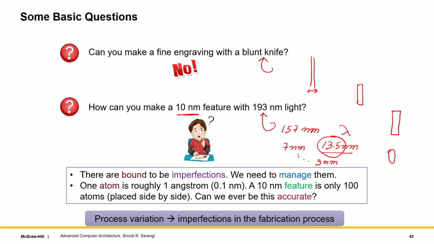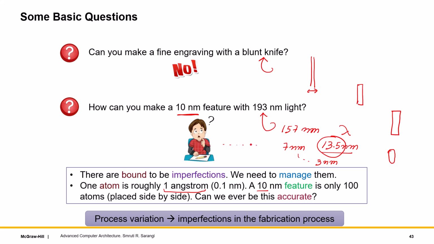So we need to further understand that along with the limitations of light, there are limitations of atomic particles as well. An atom is roughly 1 angstrom, 0.1 nanometers. So a 10 nanometer feature is roughly 100 atoms laid side by side.